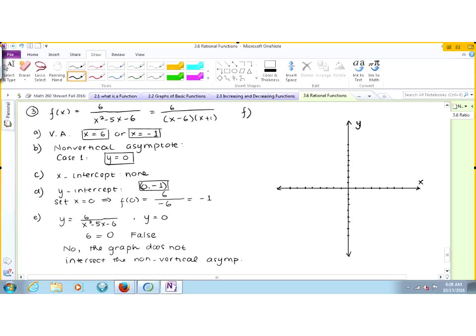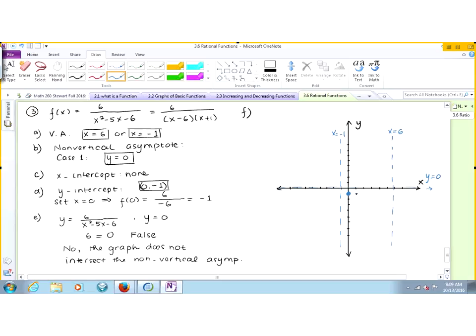Okay, so x, y. So x equals 6, 2, 4, 6. x equals negative 1. And then y equals 0. This is y equals 0. So the x-axis, the equation is y equals 0. Okay. And 0, comma, negative 1 is here.